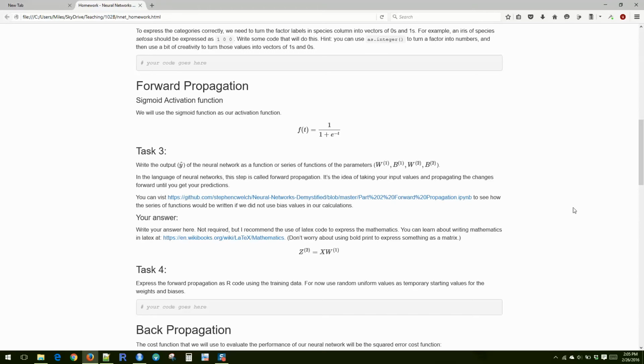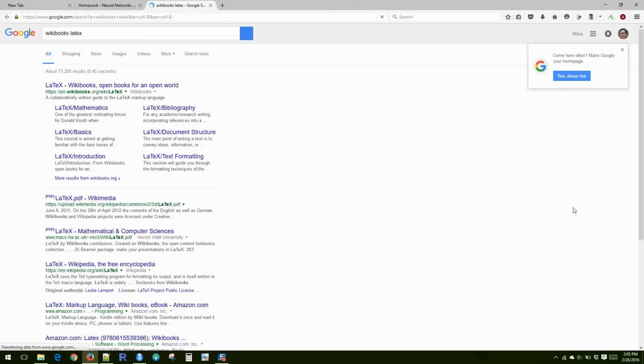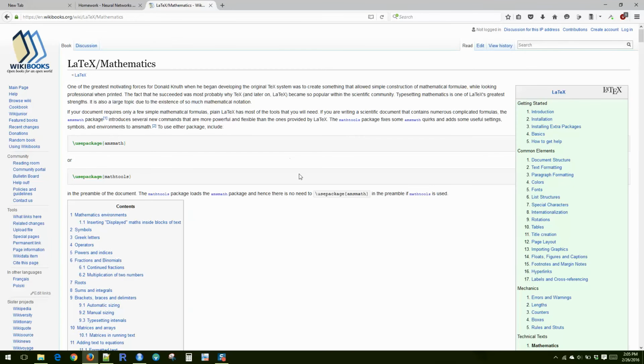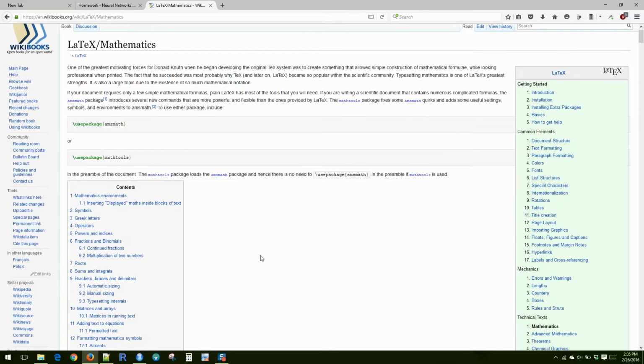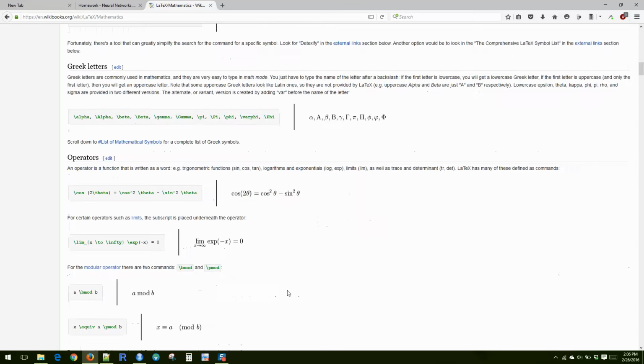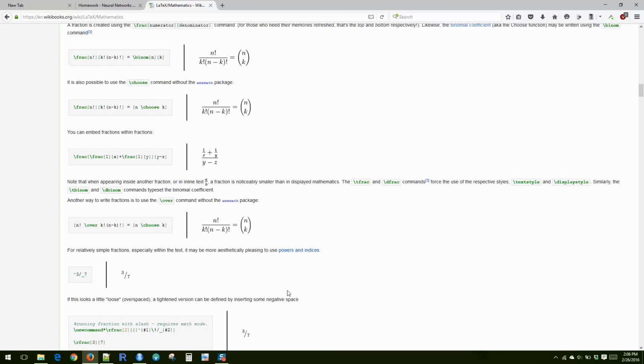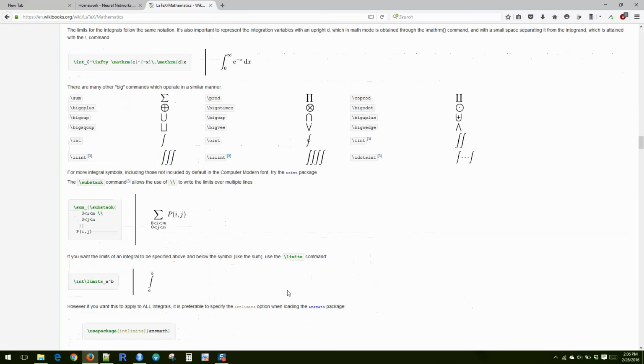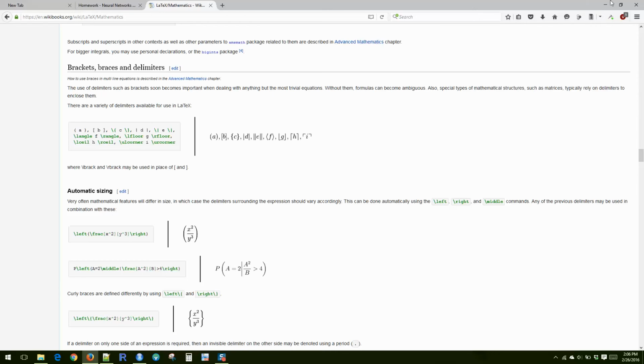If you've never used LaTeX before, just type in Wikibooks LaTeX, and then go to the mathematics section. This tells you how to write symbols and make superscripts and fractions and all of that. And if you want derivatives or things like that, it's all there. Okay.